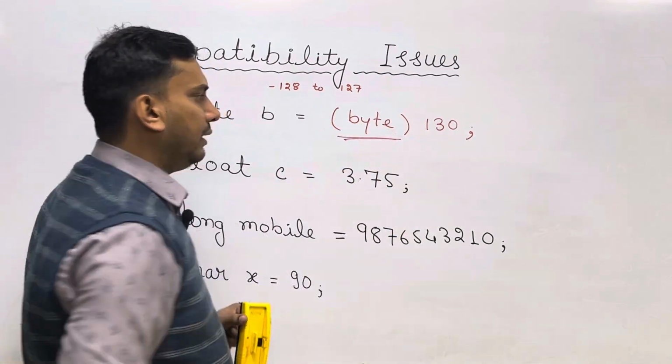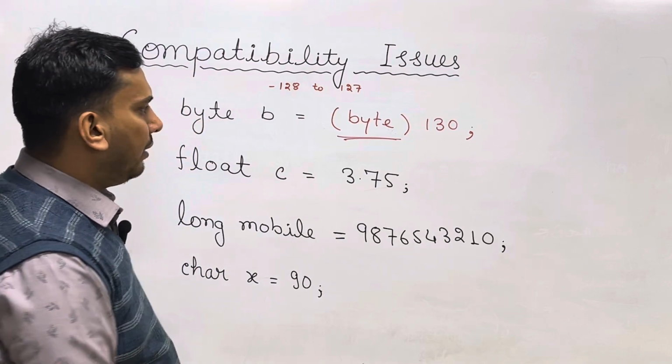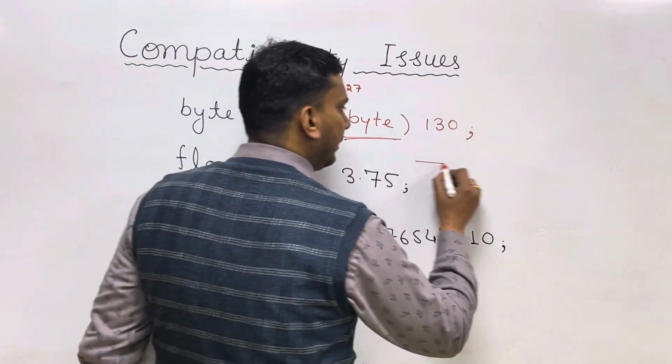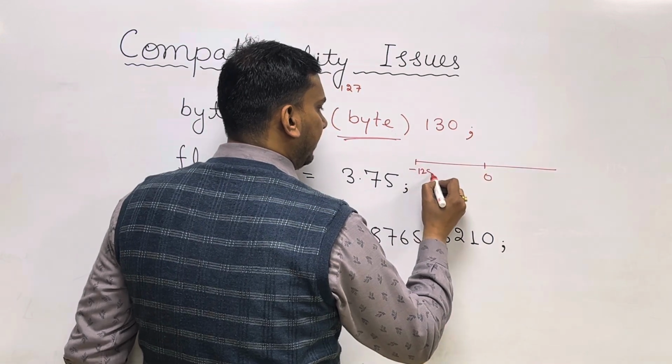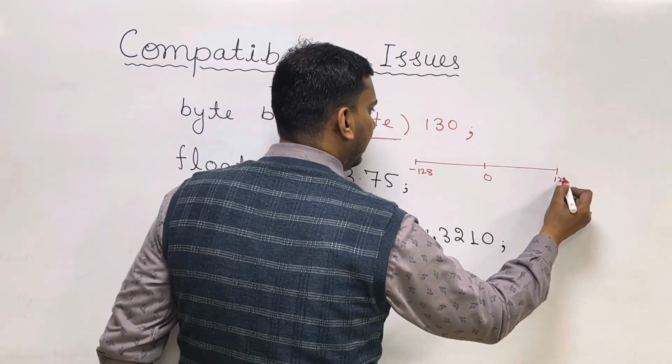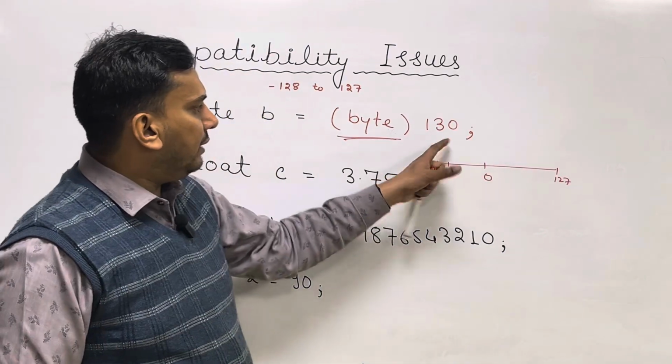So this code will be executed, and what will be the value here? How the value will be converted? It is something like this, minus 128 and here 127. Now you are putting 130 in this range.